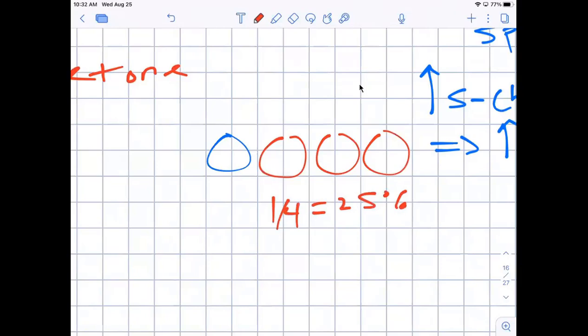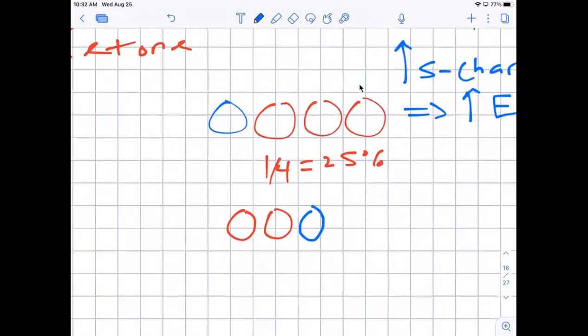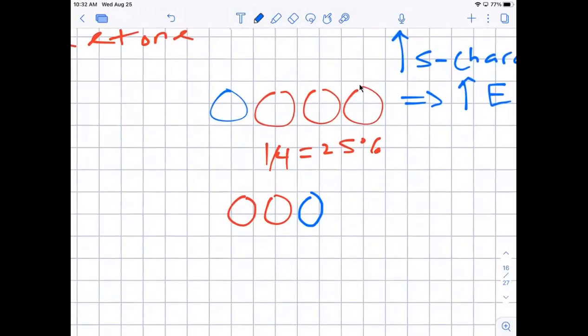So let's say I have 3 balls and one of them is blue. What percentage is that? 1 out of 3, about 33%. Is that right?